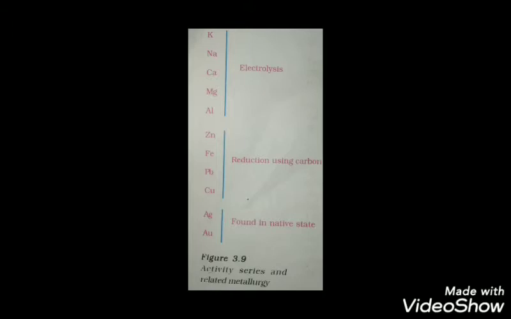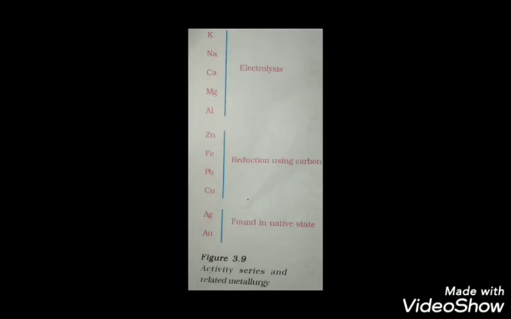Those at the topmost of the series are extracted using the process of electrolysis. You can see there. And the metals in the middle of the series are extracted by reduction using carbon.